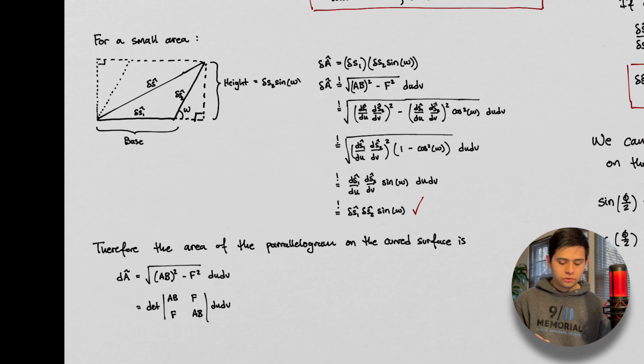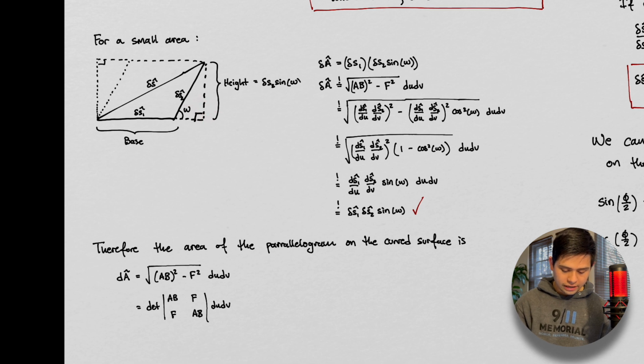All right. So now we want to talk about developing a formula for the area on a curved surface. So we take a look at this triangle again. Everything's pretty much copied, but now we want to consider the area of a parallelogram that this triangle on the sphere makes. And the way we do that is, here's the base of the parallelogram. Here's the height of the parallelogram.